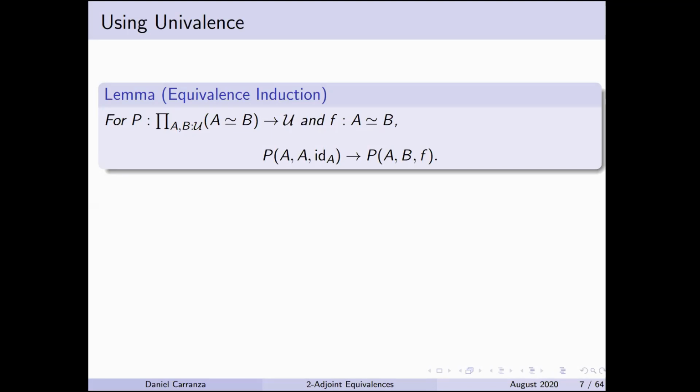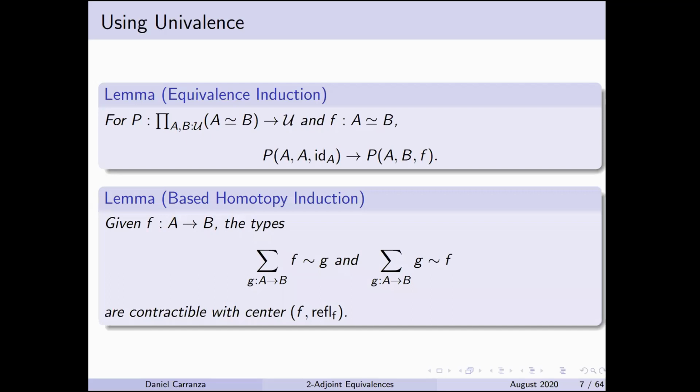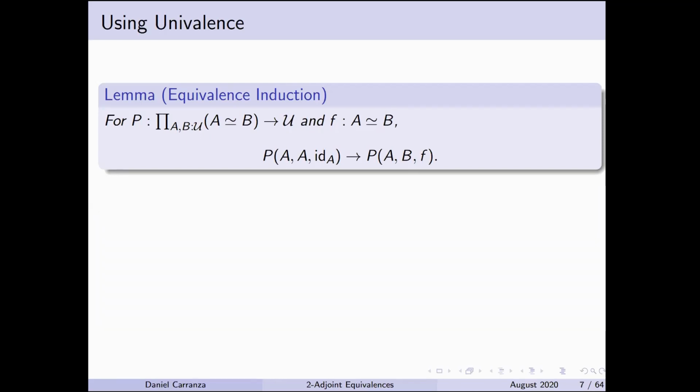And of course, reflexivity between two types corresponds to the identity equivalence between those two types. But that's fine. This is something that we're going to be using. One thing I should say is that this essentially packages all of our uses of univalence for us. So all of the uses of univalence that we're going to be using throughout this discussion are essentially packaged in this lemma of equivalence induction.